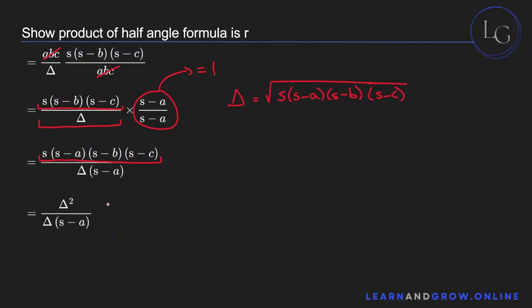So you have this expression. Now obviously you can cancel out one of these with the area in the denominator. So you have this expression now, and that is equal to R1, the area over S minus one of the sides, that is R1.